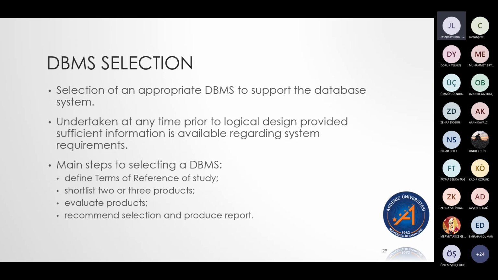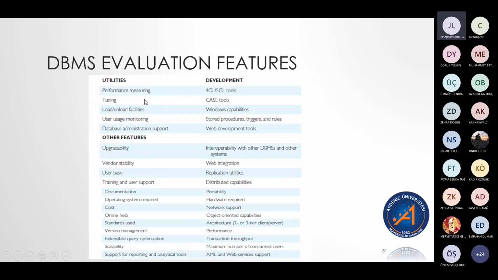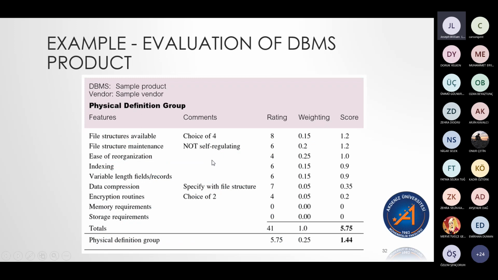When we go to evaluate and select a DBMS, we want to think about different features, about what some of the things are that they'll have access to, and we will talk here about how we might evaluate it.